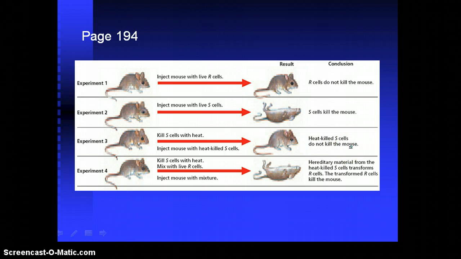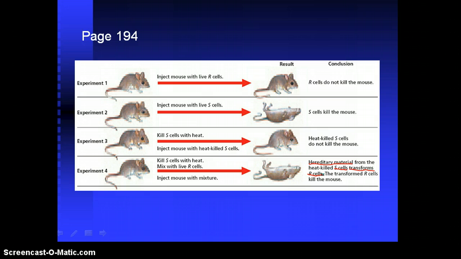So then his experiment 4 is he takes the S cells with the heat, he mixes them with live R cells. So at this point, we're looking at the S cells which can kill the mouse. They're dead at this point, but they're mixed in with the live R cells. And he injects the mouse with the mixture. At this point, we see that the hereditary information transfers from the S cells, so that dangerous S cells, it transfers to the R cells.